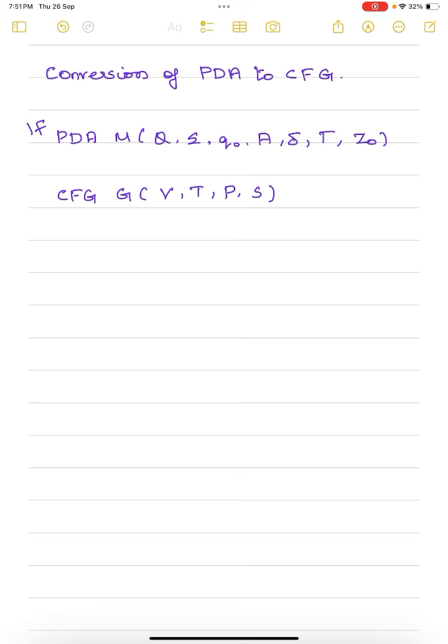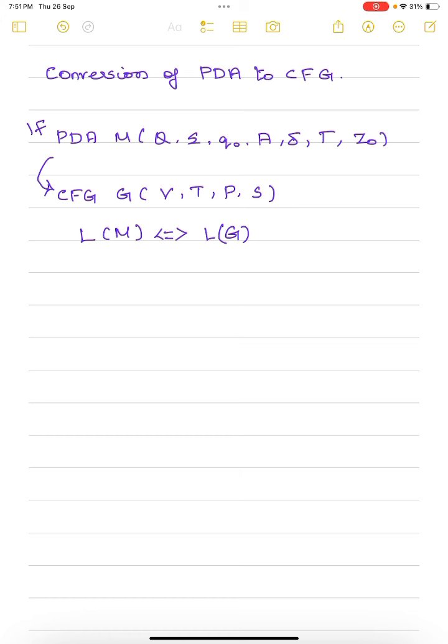That is, the language accepted by the push-down automata will be equivalent to the language accepted by the context-free grammar. So if we have a push-down automata, then we can construct a context-free grammar which is equivalent to the language accepted by the push-down automata.